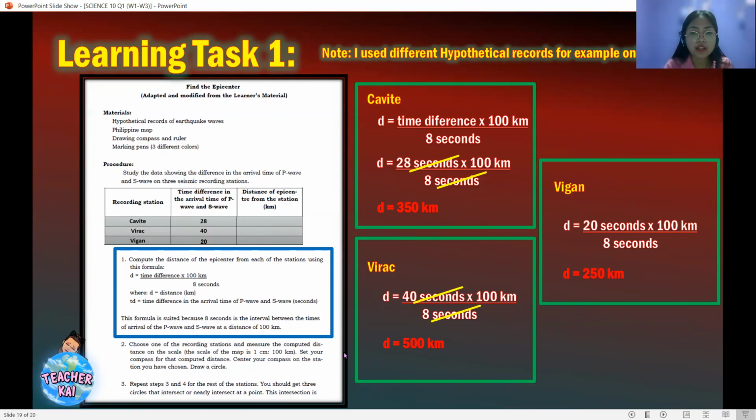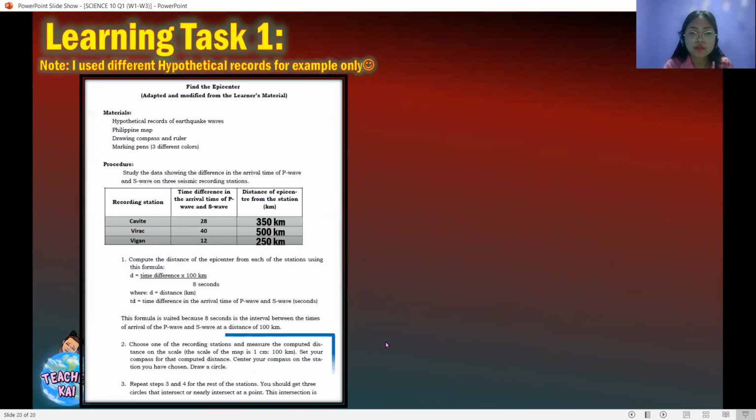Now let's go with the second. So let's complete the table first. So distance of epicenter from station, sa Cavite 350, sa Virac 500, and Vigan we have 250 kilometers. All right, so now let's go with the second and third.